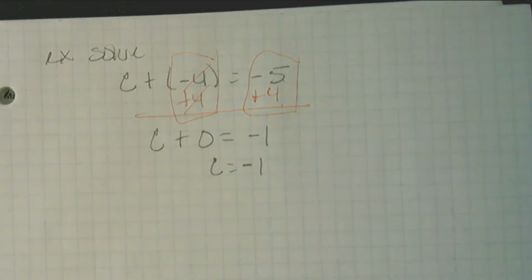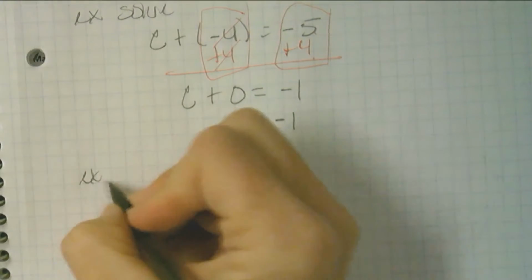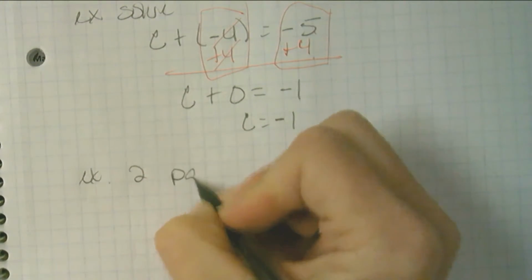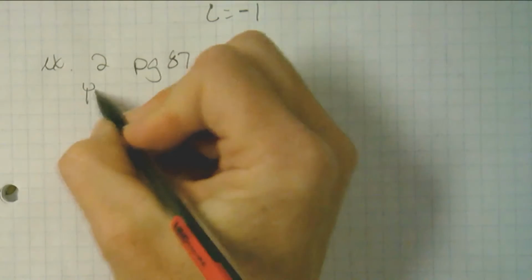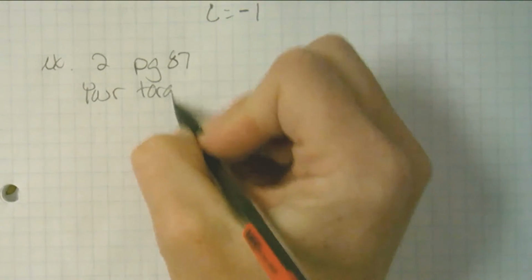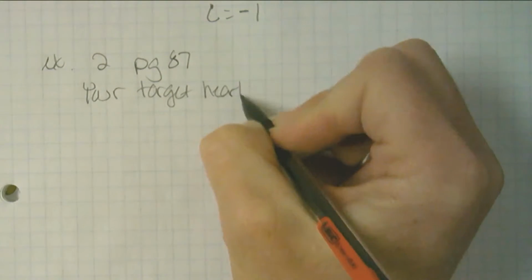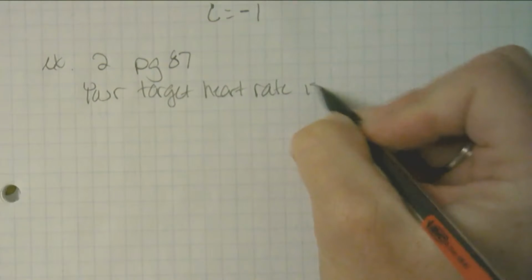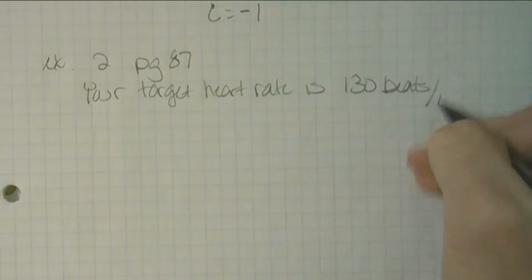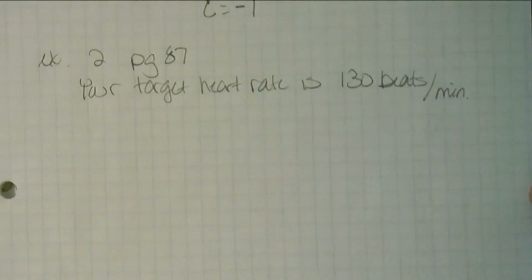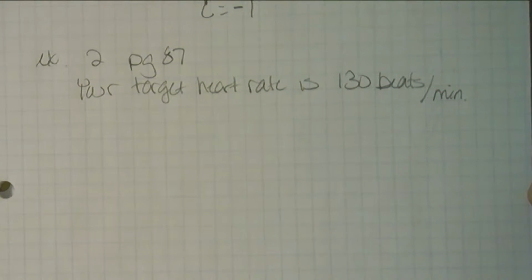Okay. All right, so here's my story problem. This is example 2 from page 87, if you ever like to go back to that. All right, your target heart rate is 130 beats per minute. You're going to need yourself room.